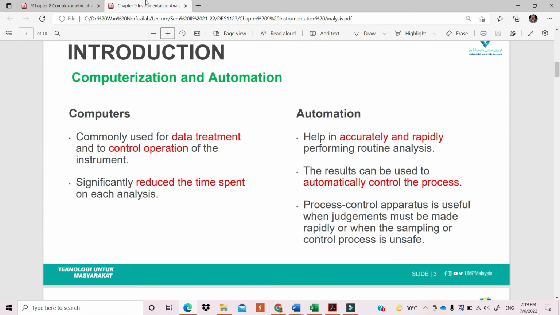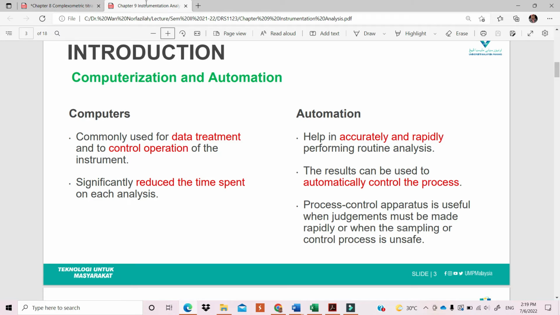Next, still in the introduction part, there are computerized and automation instrument. We narrow down to the instrumental method. We have computerization and automation. What are computers commonly used for? Data treatment and to control operation of the instrument.